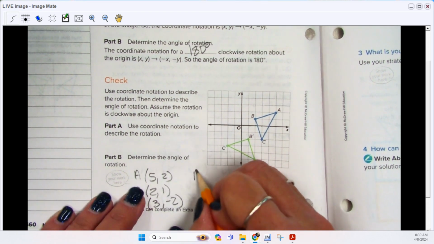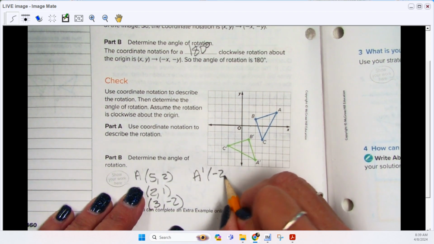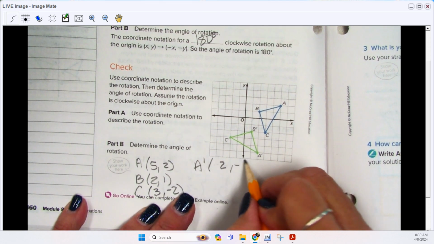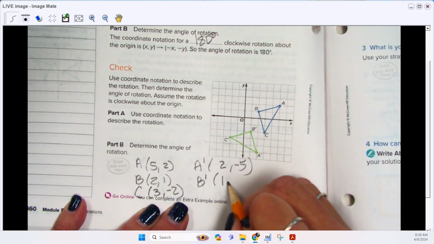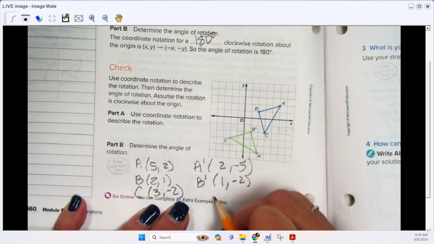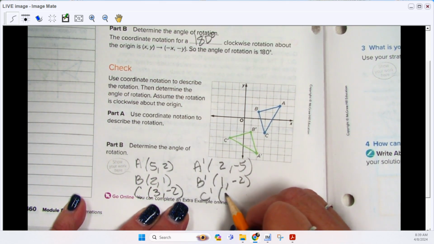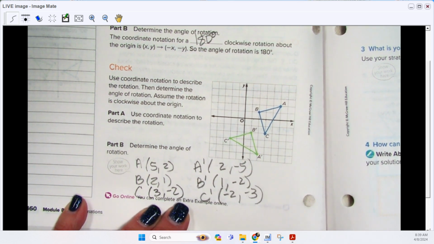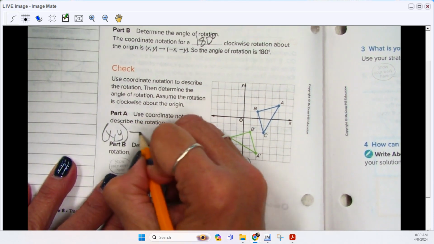Okay. A prime is at negative 2. No, it is not at negative 2. It is at 2, negative 5. B prime is at 1, negative 2. C prime is at negative 2, negative 3. So we start with x, y, and what happened?